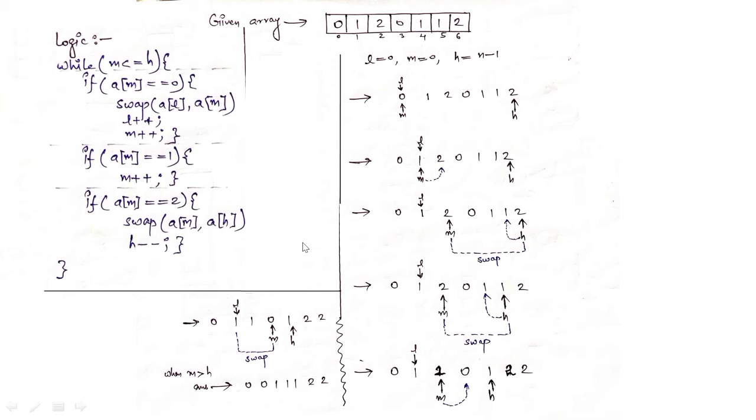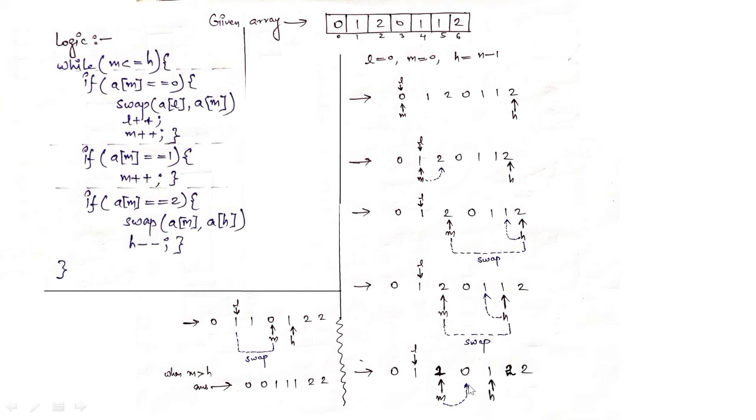We have not incremented M, we have just decreased the H value once again, right? So again the loop runs, again we check the value at M is 1. Since the value is 1, we will increase our M value by 1.